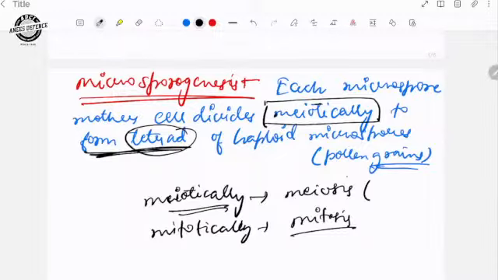But here we get a tetrad, and all are haploid, meaning n, while the mother cell is 2n diploid.